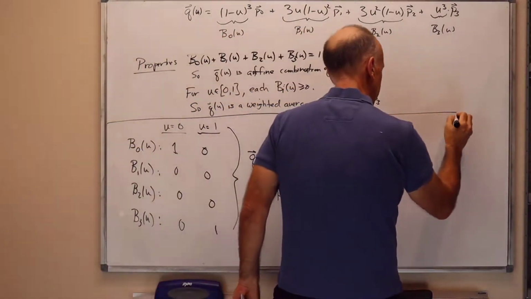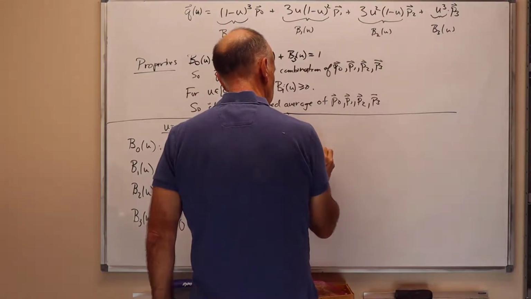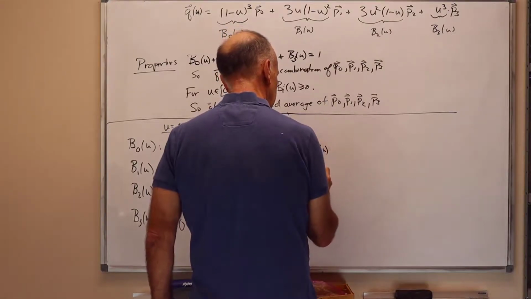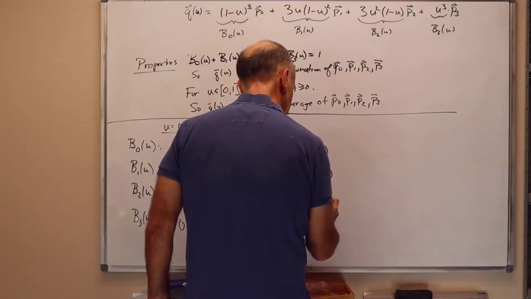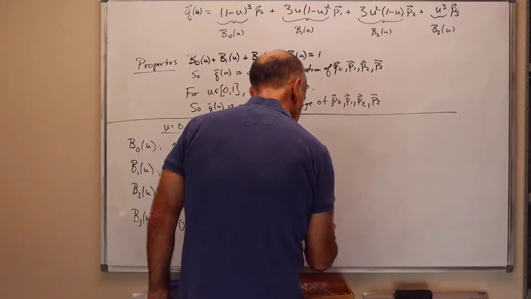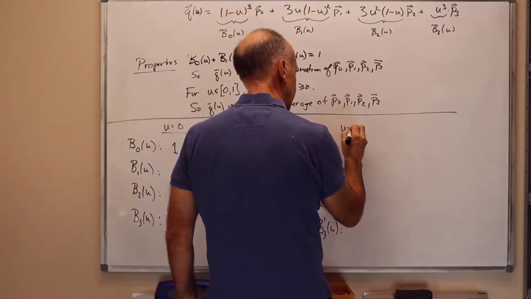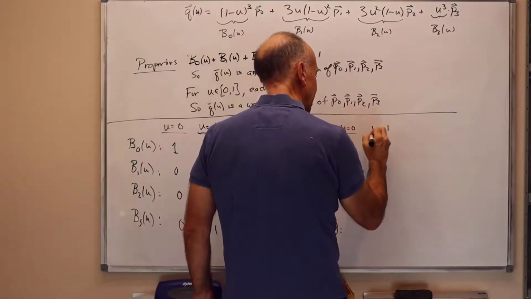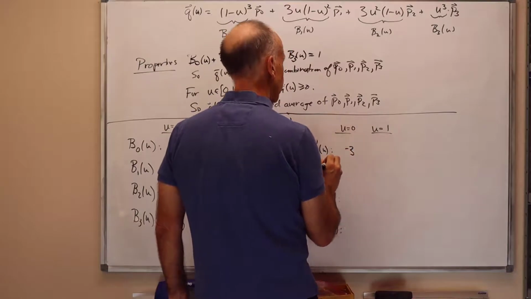We can also do the same type of stuff with the derivatives. So here's the derivative of B0 of u, the derivative of B1 of u, the derivative of B2 of u, and the derivative of B3 of u. So this is easy calculus computation. I'm just going to let you do this on your own. At u equals 0, the first derivative of B0 of u turns out to be minus 3.